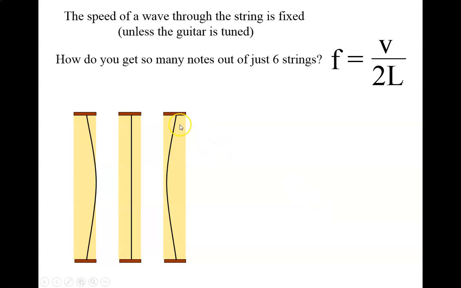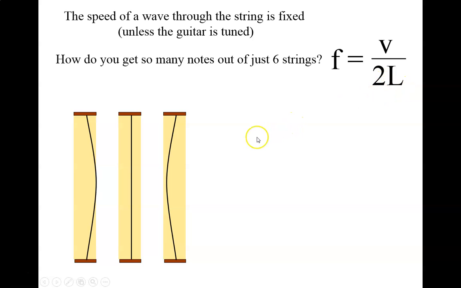Now, you don't have to just change the guitar string's tension to change the sound you get from it. You can get a whole lot of different pitches from one guitar string without touching the tensioning knob. And that's because you can change the other thing. So instead of changing the velocity, we can change the length.